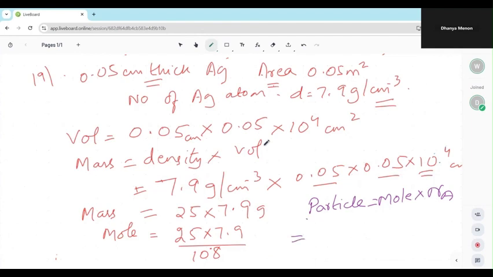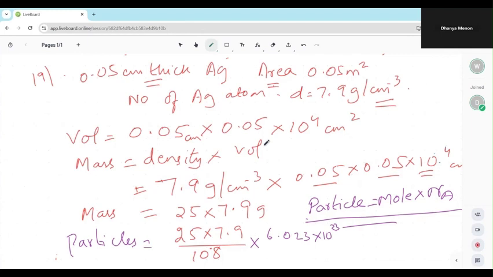So you can use moles times Avogadro number to find the number of particles. So this is our moles times 6.023 times 10 raised to 23. It will give you the number of particles. Okay, and it comes to around 11.01 times 10 raised to 23. Okay, this is our answer.